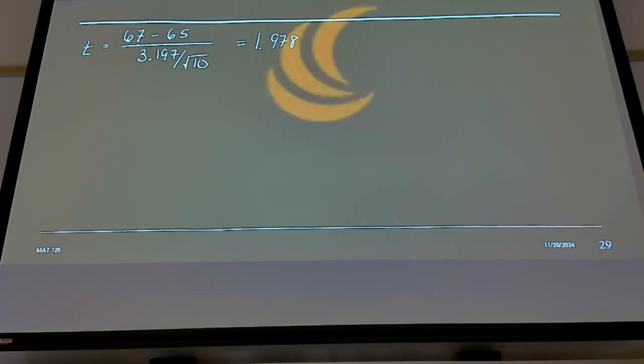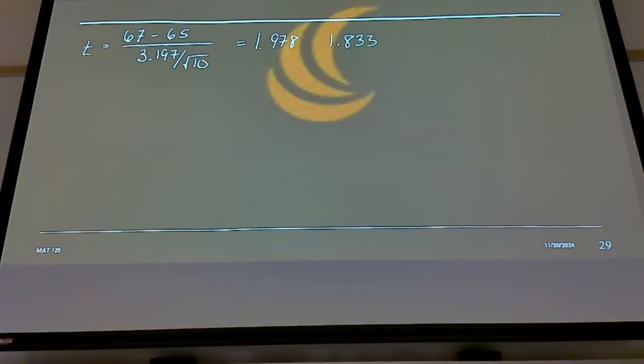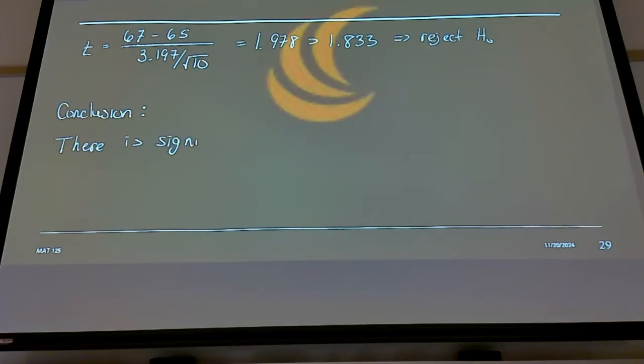What was t alpha? How does it compare? So do we reject? Reject H naught.